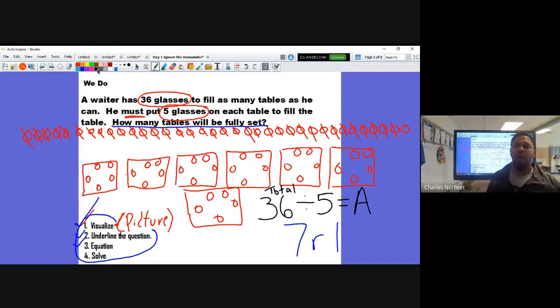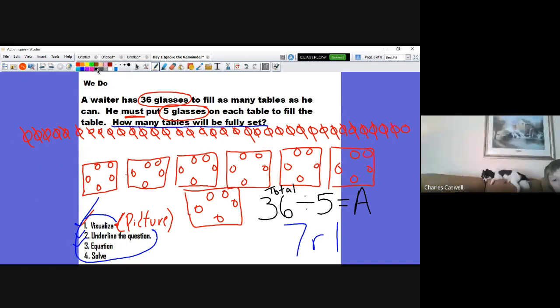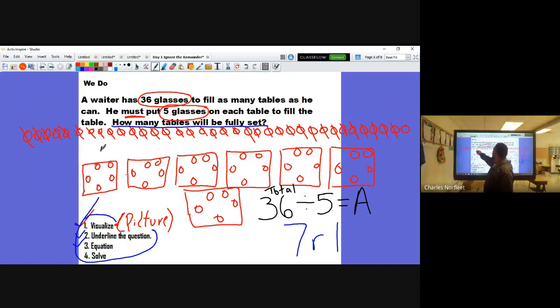Because there were 6 tables, and then there was one more table left. So then you do 6 plus 1, and you get 7. Good job. So we have 1, 2, 3, 4, 5, 6, 7 tables.